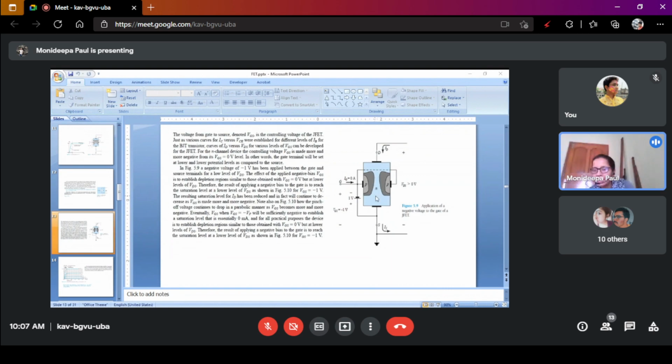So this gate portion is lightly doped, so breakdown occurs. So it will damage the FET.